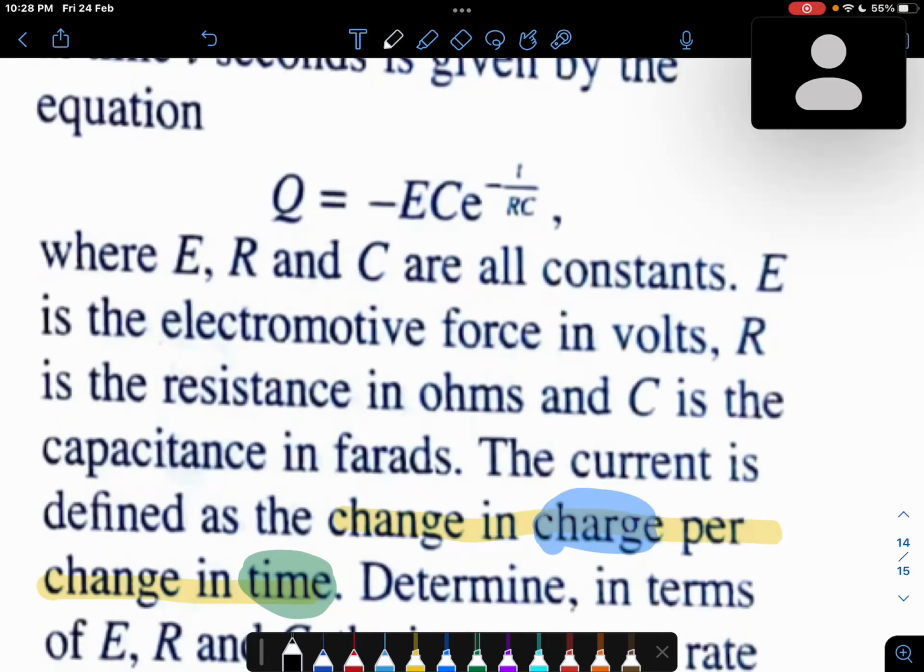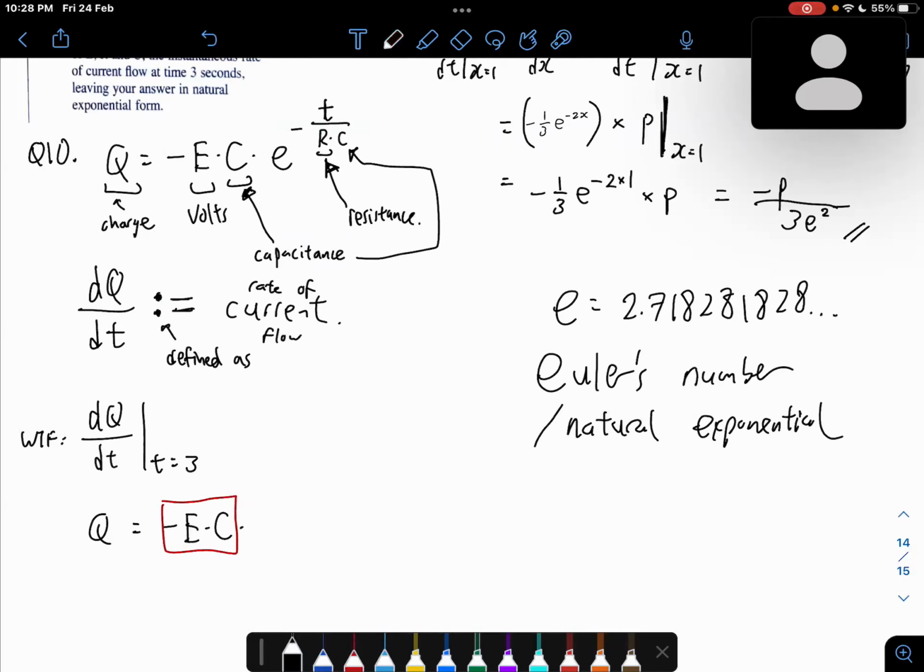So everything is just a constant, a whole bunch of constants, then there's a T there. So how to differentiate this? Let me just show you. What you need to do first is to figure out which are the constants, which is honestly just a whole bunch of essentially nonsense. A constant multiplied by e raised to the power of another constant, -1 over r times c, multiplied by t.